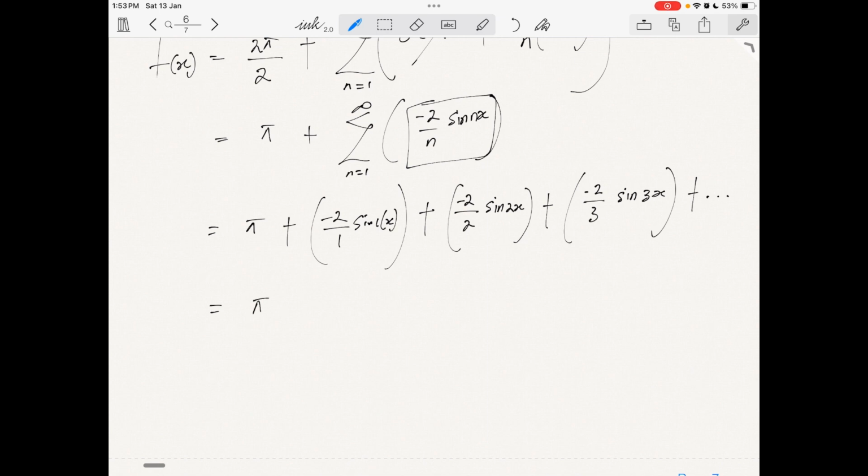So we can have it to be pi minus 2 sine x, minus 2 over 2, give me minus 1 sine 2x, minus 2 over 3 sine 3x plus triplet.